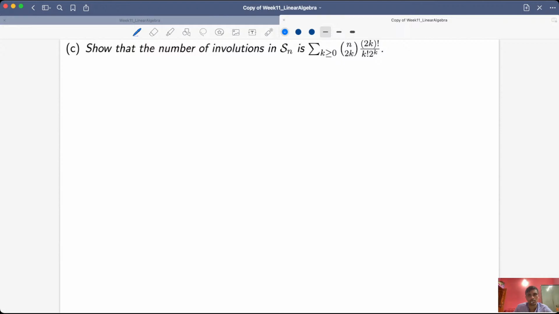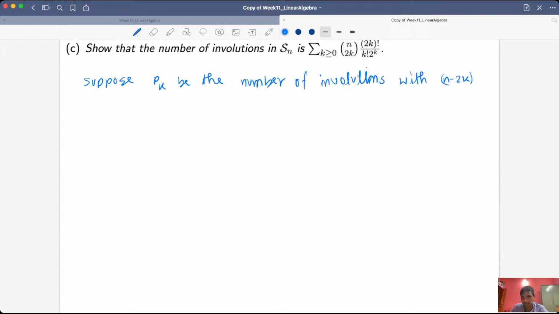Suppose pk is the number of involutions with n minus 2k many fixed points.